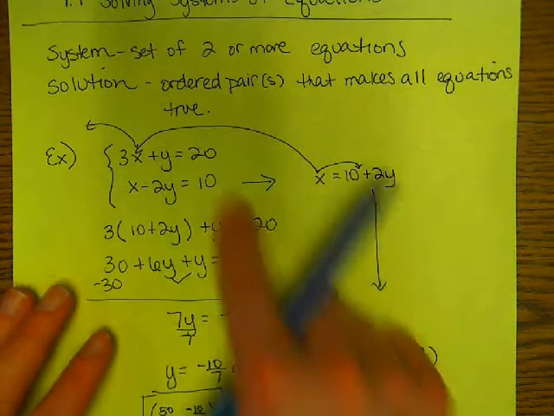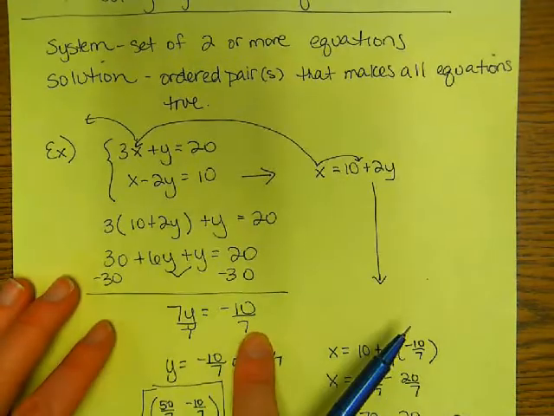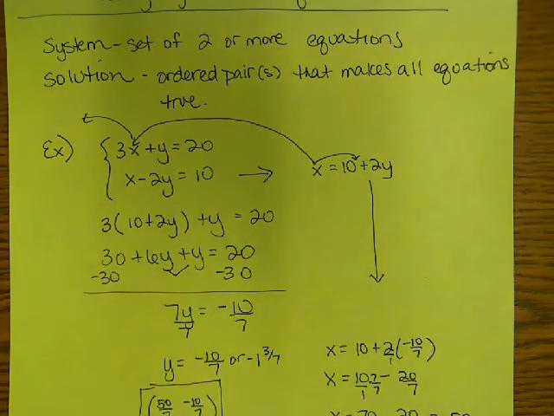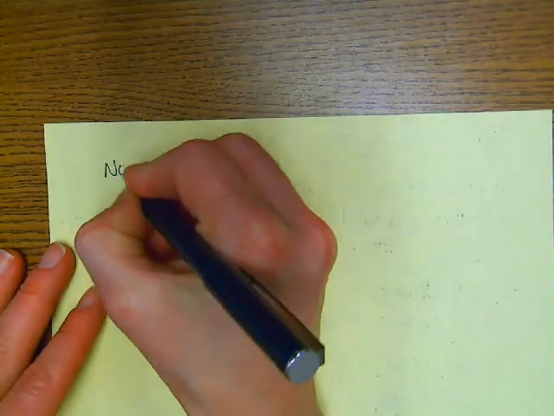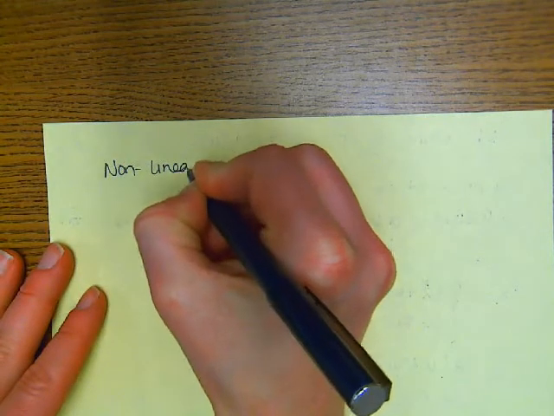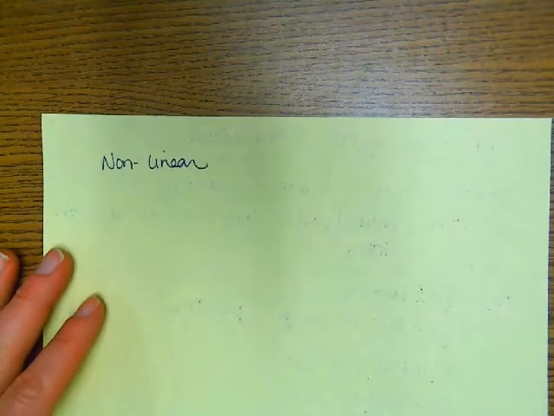These are both lines. Let's do a system that is nonlinear. So nonlinear means that some or both things are not lines.